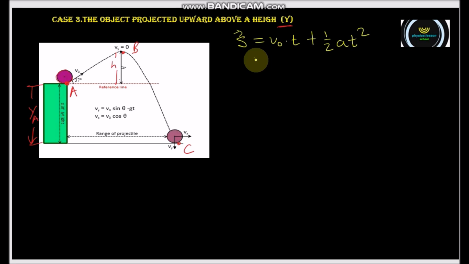For the vertical, the change in displacement is equal to the displacement final at yc, at point c. We have seen change in displacement is displacement final minus displacement initial.